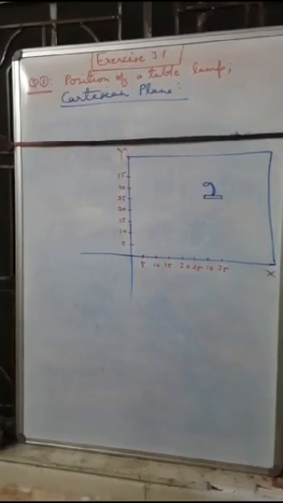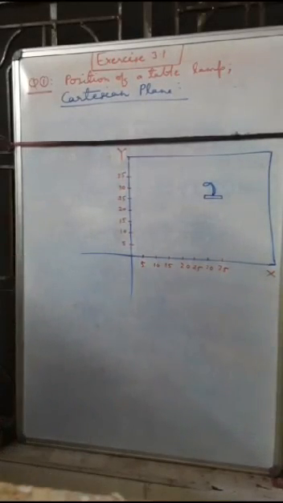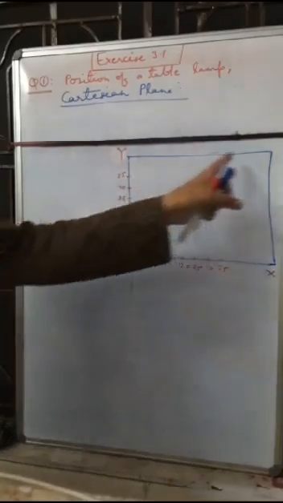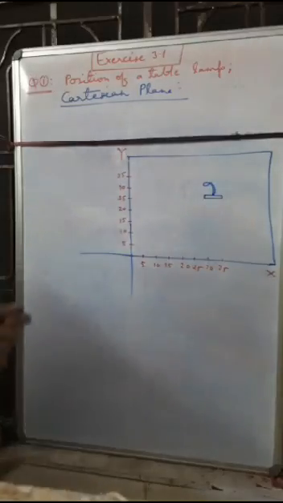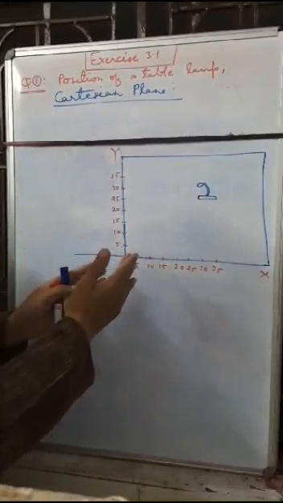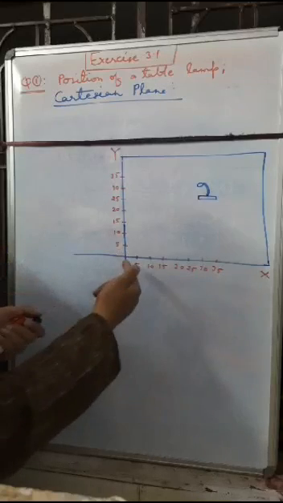Students, now we are solving question number 1 of exercise 3.1. We have to give the position of a table lamp on your study table. Suppose this is your study table. Definitely the shape of the study table is a rectangle.